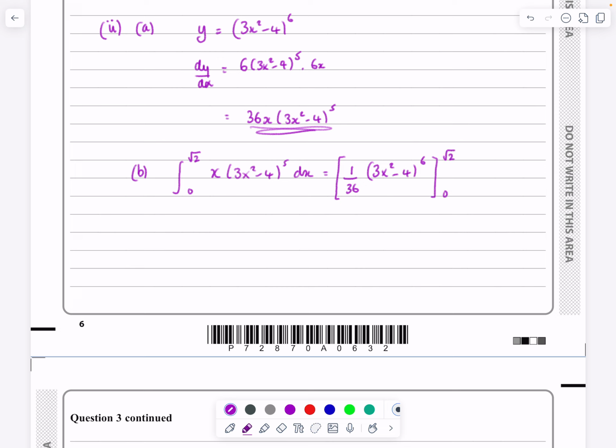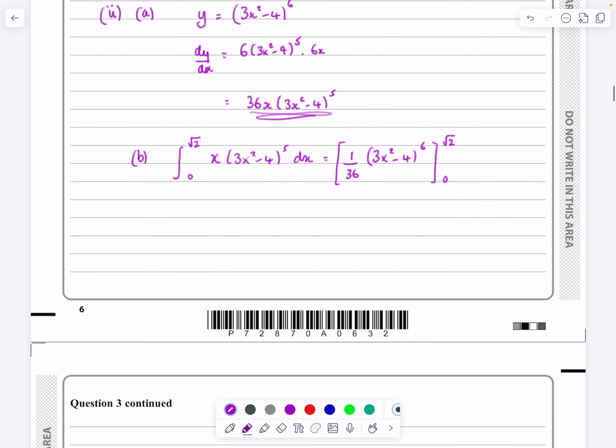We're doing that between root 2 and 0, and it's just a matter of putting all the values in. Just take a little bit of time over it. So that's 1 over 36, 3 lots of root 2 squared. Well, root 2 squared is just going to be 2, isn't it? So 3 lots of 2 minus 4 all to the power of 6, minus, and then putting 0 in gives me 3 lots of 0 minus 4 again all to the power of 6.